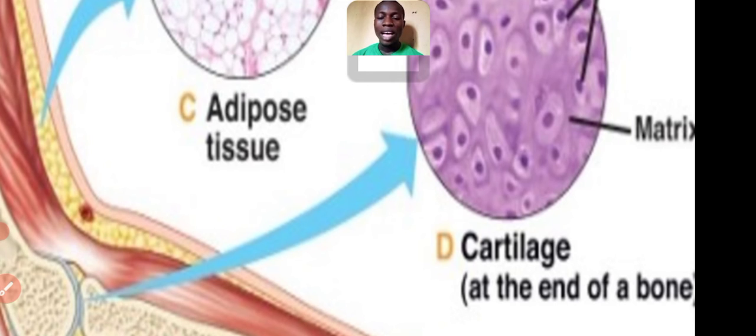The cartilage is a very flexible structure at the end of the bone, very much indeed flexible, and it contains synovial fluid. Within this cartilage, we are seeing cells, and these cells are in a matrix. The fluid portion that these cells are moving in is the matrix.